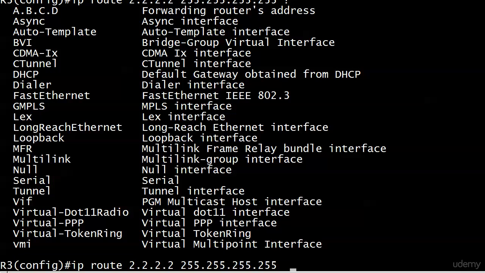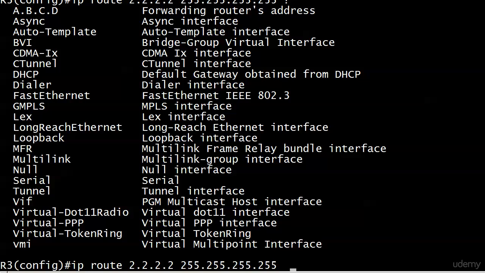Your question right now is probably, well, which one should I use in different situations? Really, neither one is necessarily better than the other. I have found in more complex networking that it's better to put the next hop IP address, because that way you know exactly where router 3 is sending these packets. And if you're still running into an issue, it makes it easier to troubleshoot, especially in a larger network.